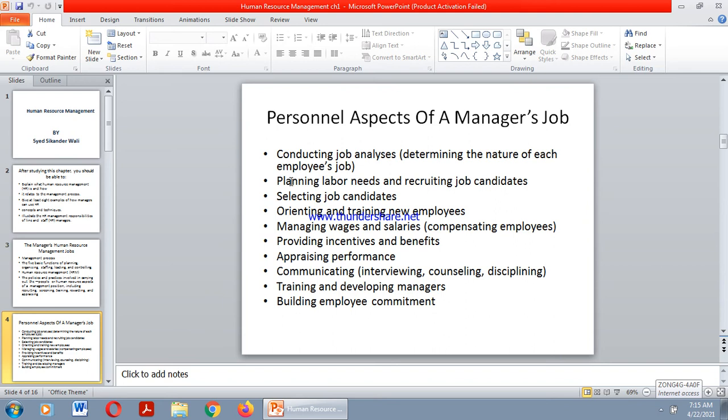Normally these things are looked after by the HR department in all medium to large organizations, and you should understand them so that you are able to make yourself up to the standard that you can become a good candidate for different organizations. And if you start your own business, how you will conduct these different aspects of HR.